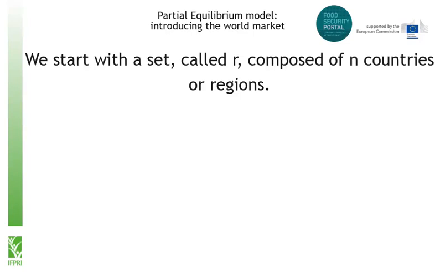So here, for example, we will consider the African continent. It means that we gather all African countries in a single region. And of course, we will have also the rest of the world, which will be composed of all countries not included in the previous list.